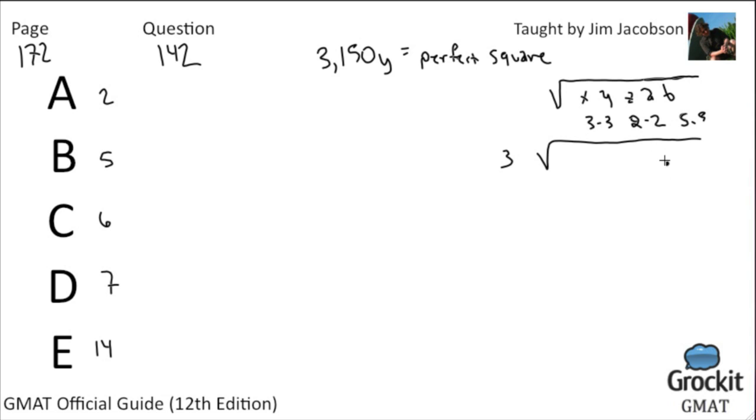And y is going to be the number that adds in whatever prime factors are missing from 3,150. Let me show you what I'm talking about. So let's actually start doing this prime factorization of 3,150. So we're doing 3,150y.